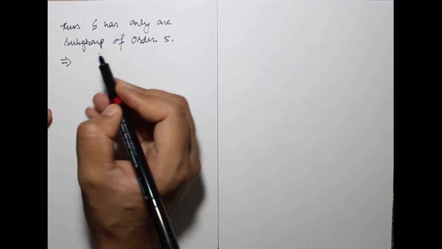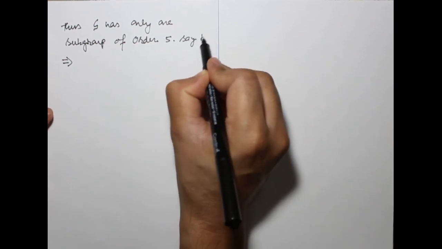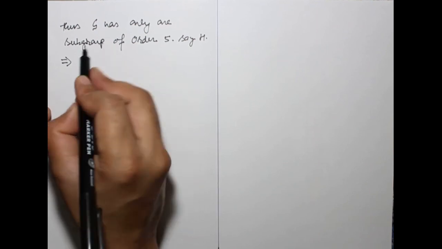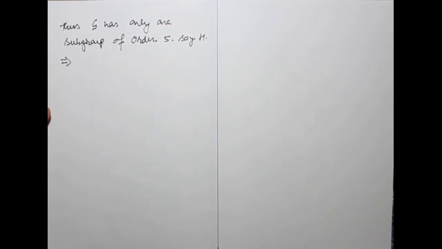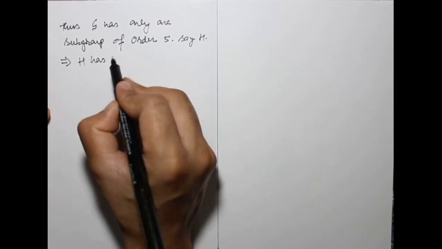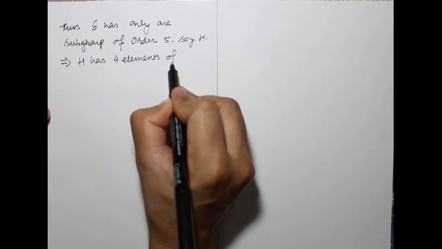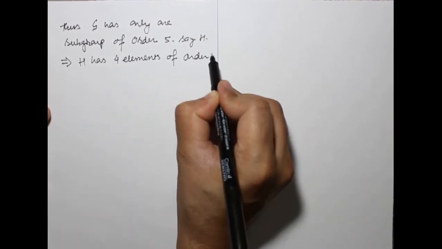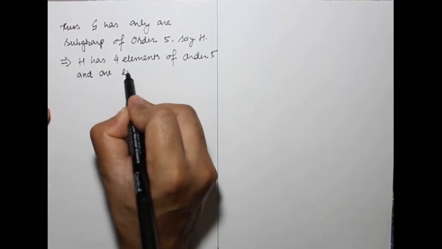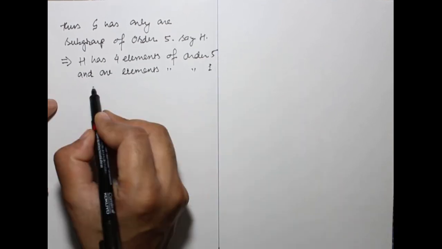It implies, say H. H has 4 elements of order 5 and 1 element of order 1.